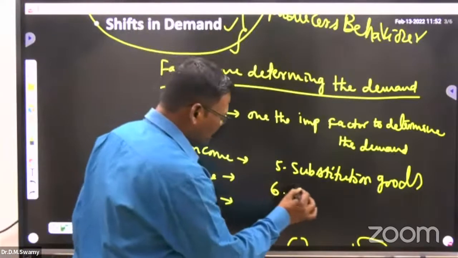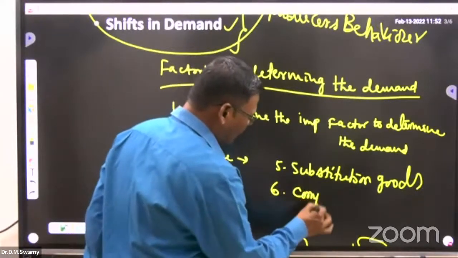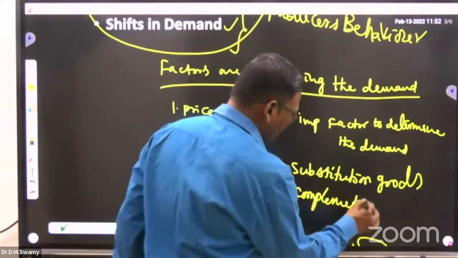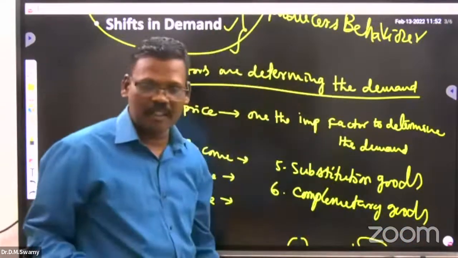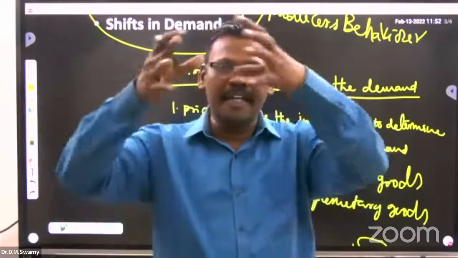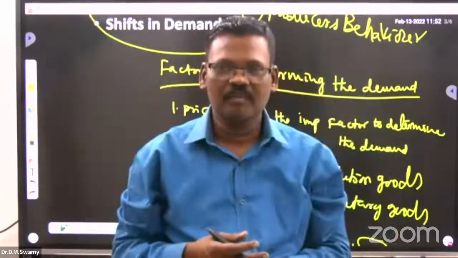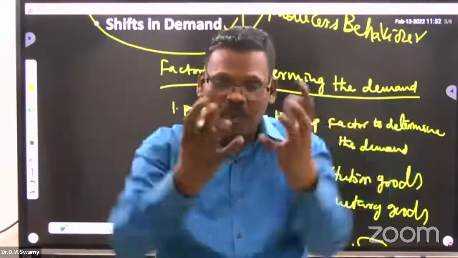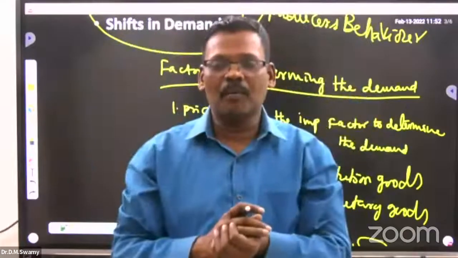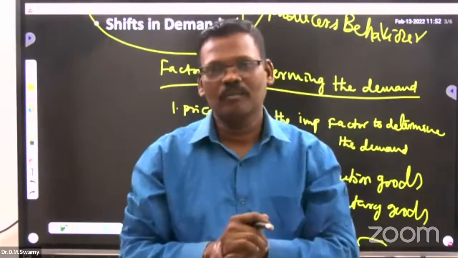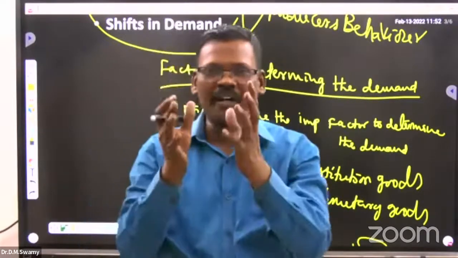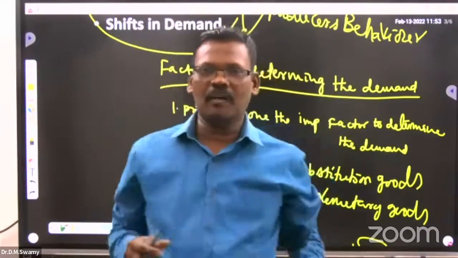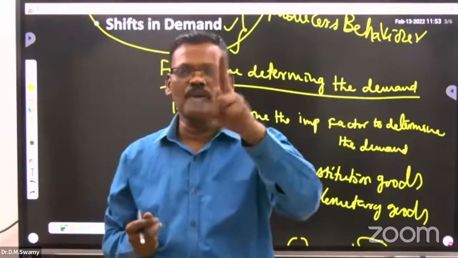And complementary commodities. Complementary commodities are nothing but goods that combinedly give the satisfaction. The combination of the goods gives the satisfaction. For example, if we want to wear socks, the two are important.